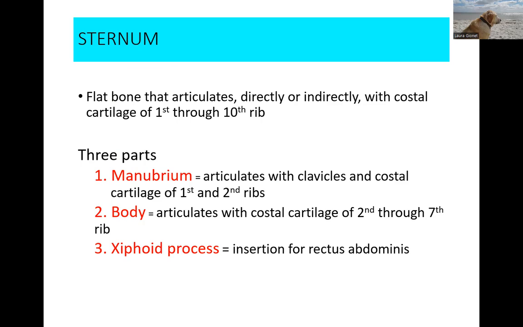And it too functions to articulate with the costal cartilages of the remaining ribs. It's also part or half of rib 2 all the way through rib 7. And then the most inferior aspect, the xiphoid process, functions as a muscle attachment, and that muscle is rectus abdominis.